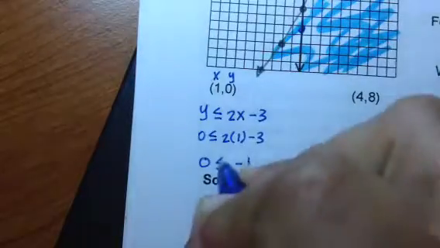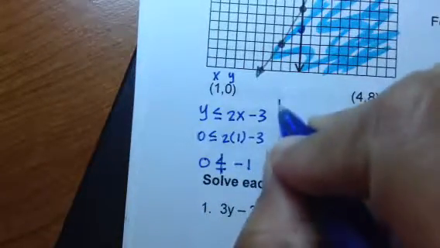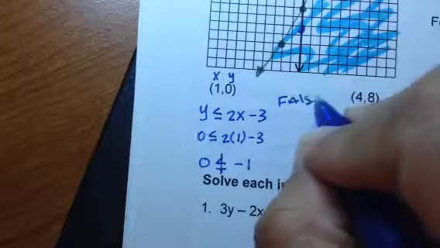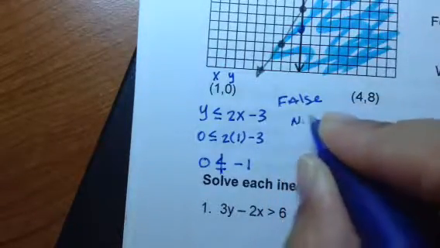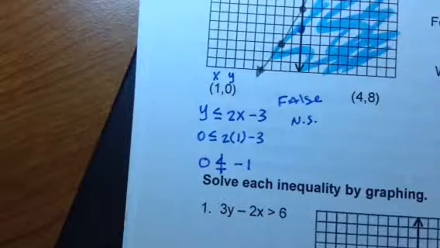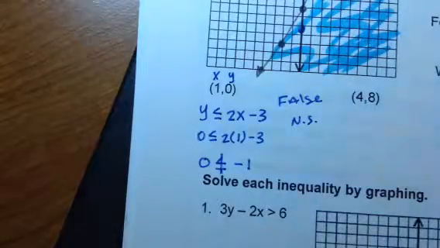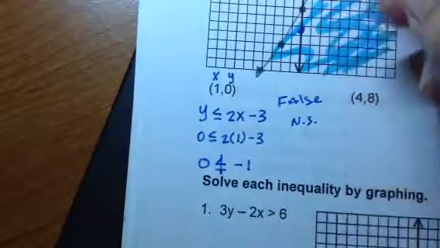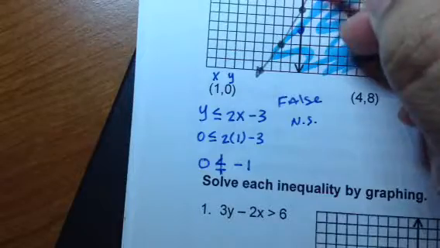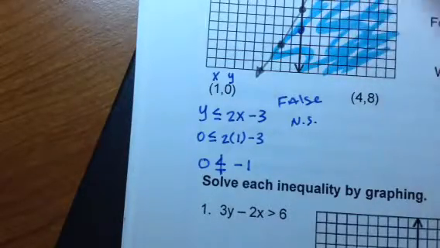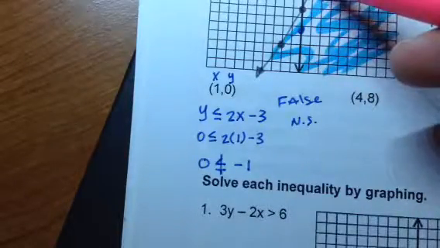The answer is no, so this is false, or it's not a solution. So either way you want to put it, either one of those would work. Now to prove to you that it's not, if I go to 1, 0, that's right here. Do you see how it's not in the shaded region and it's not on the line? That means it's not a solution.